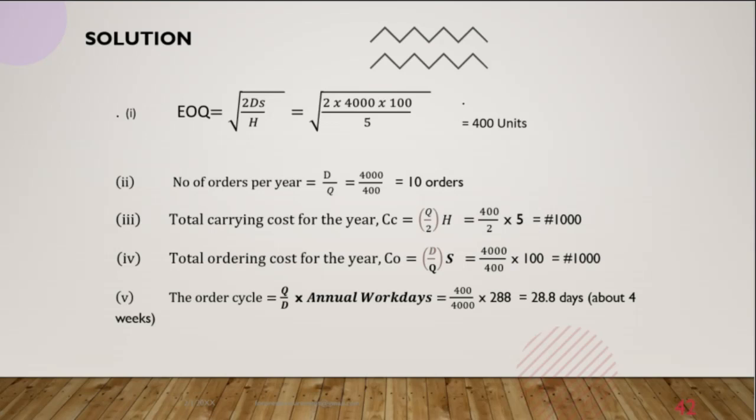If we expand this, we will get 400 units. So 400 units, just like we outlined in the table that we discussed earlier, is the number of tires that if we buy, the total carrying cost will be 1,000 and the total ordering cost will be 1,000.